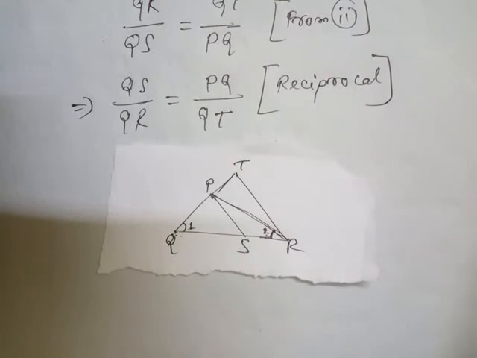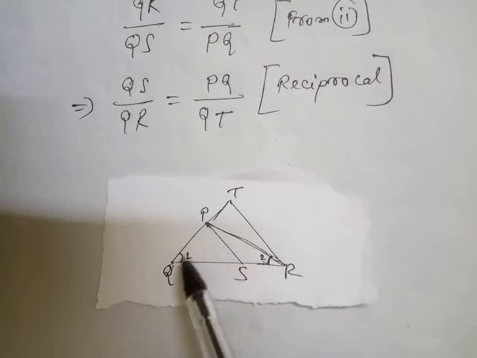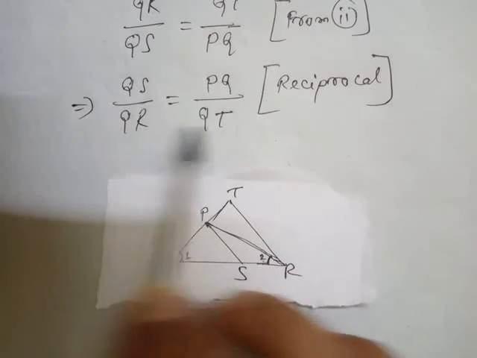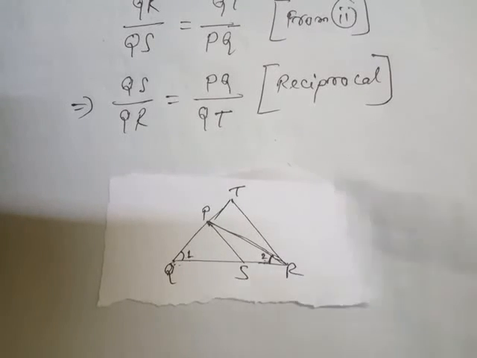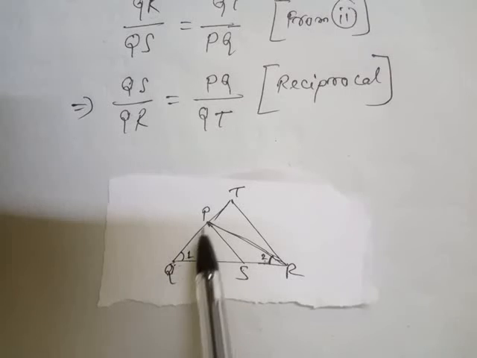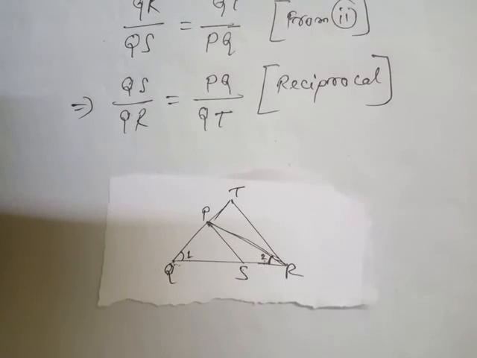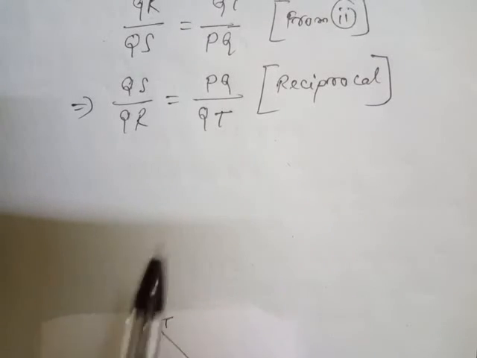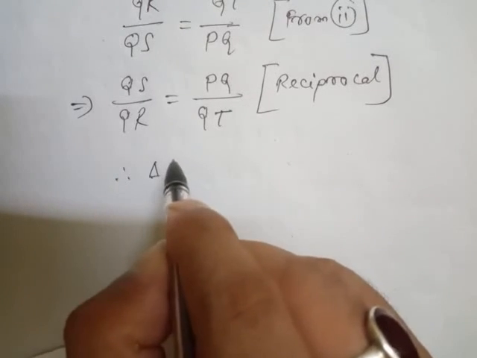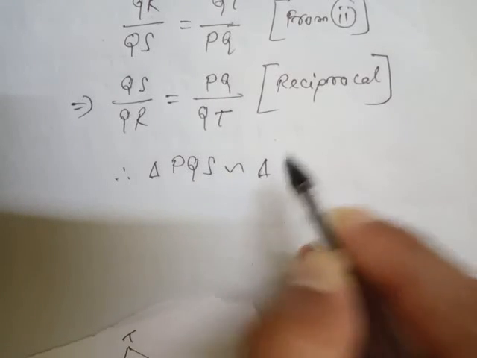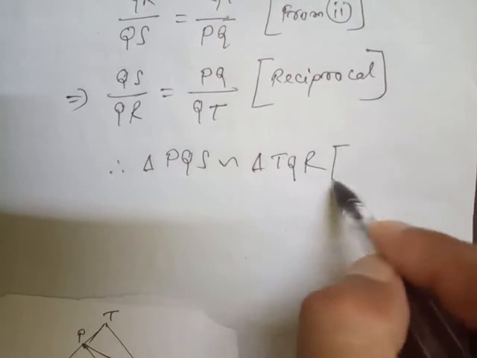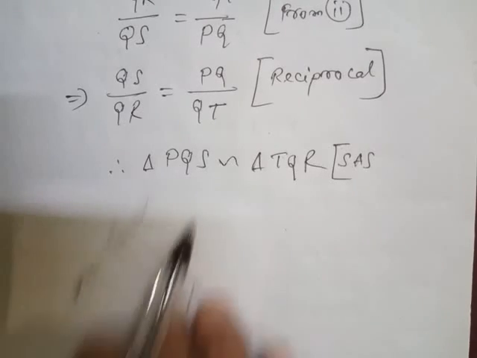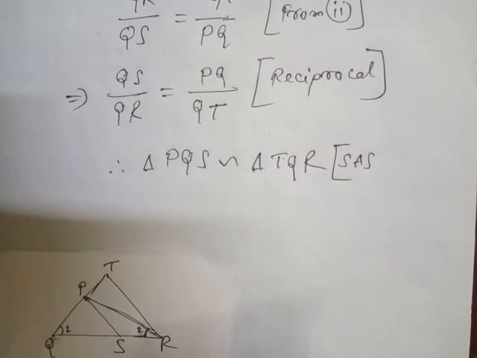So we can say that these two triangles are similar, because sides QS and PQ, QR and QT are proportional, and angle SQP and RQT are also common at Q. Therefore triangle PQS is similar to triangle TQR, and this is the side angle side criteria.